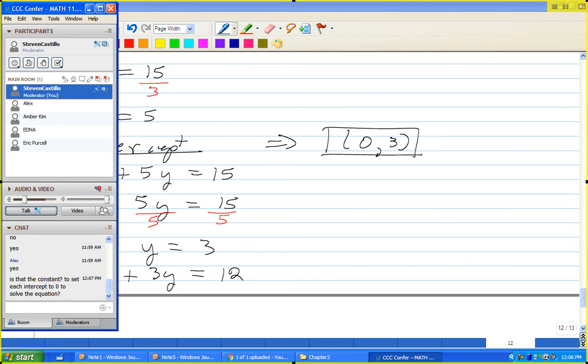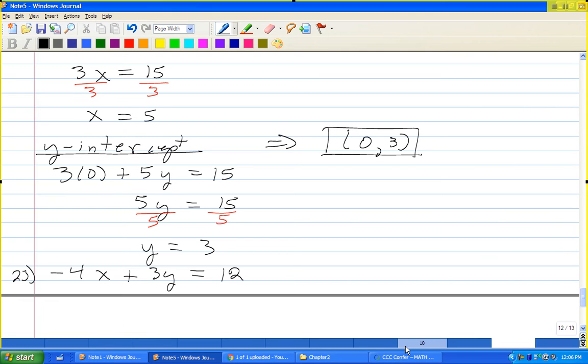Every time we want to find the intercept, we set the other variable to 0 and solve for the unknown. So to find the x-intercept, set y to 0, solve for x. To find the y-intercept, set x to 0, solve for y.